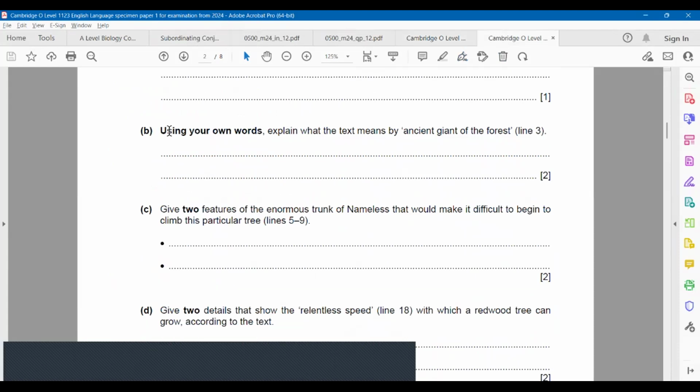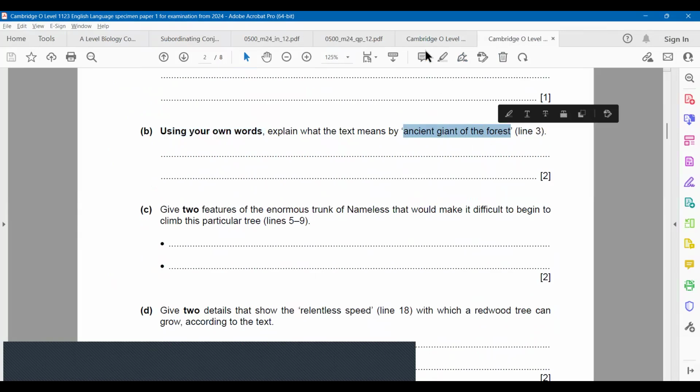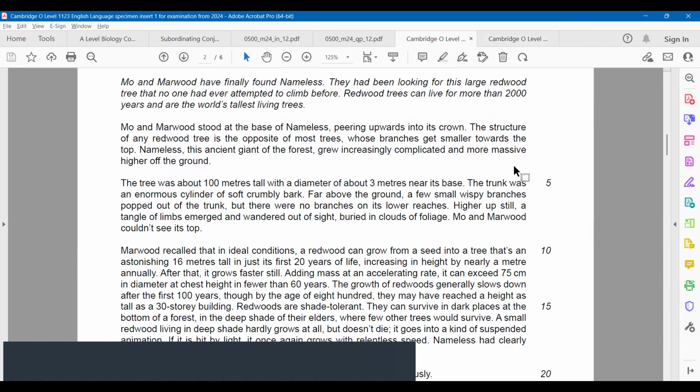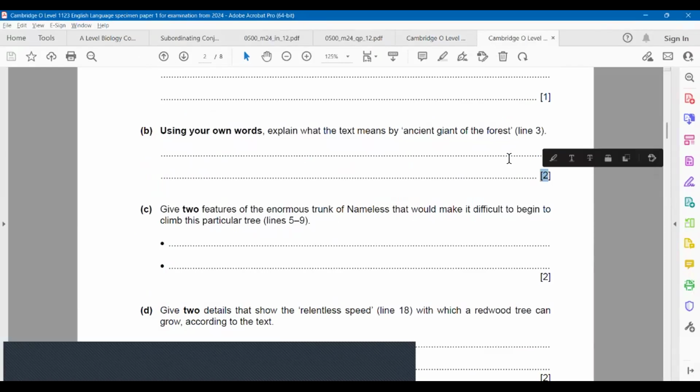Okay. Using your own words, explain what the text means by ancient giant of the forest. Again, this line reference is to where they picked this phrase from, line number 3. Now, in this case, why have they given you a line reference? Well, it's a using your own words question, and it's for 2 marks.